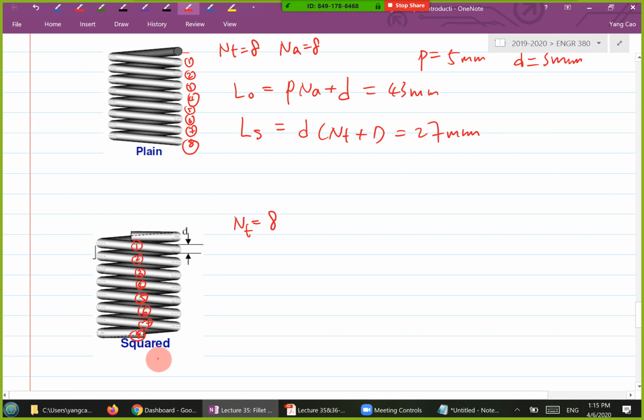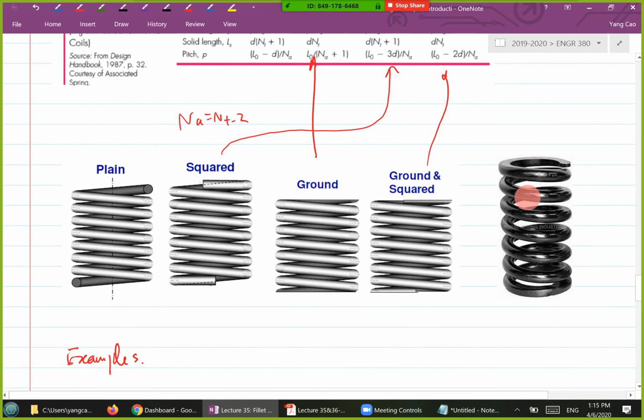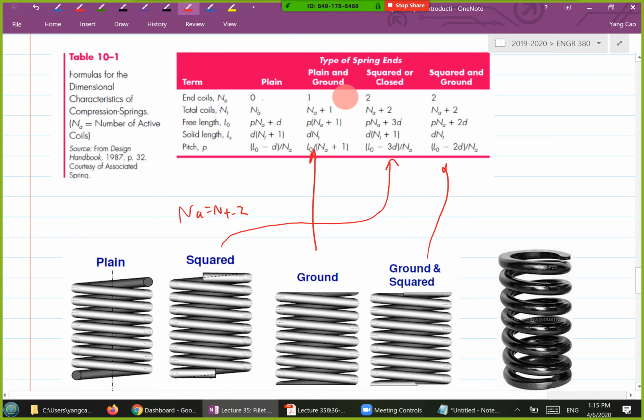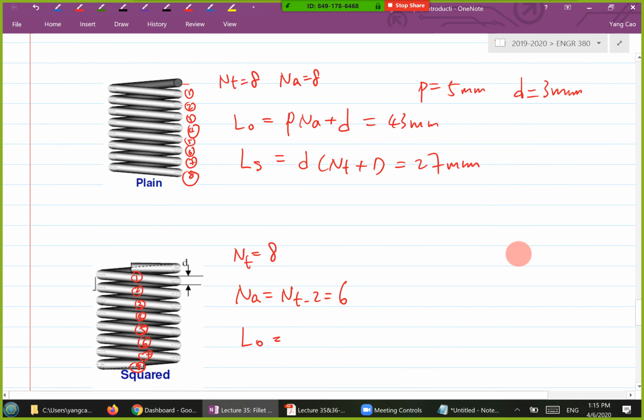And this is a squared one, so NA equals NT minus 2, which is 6. Then you can calculate your L0. For plain, that would be P times NA plus 1, so 5 times 6 plus 1, 35.